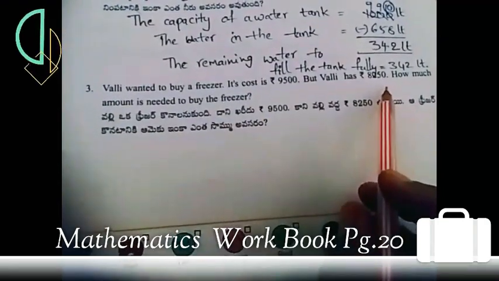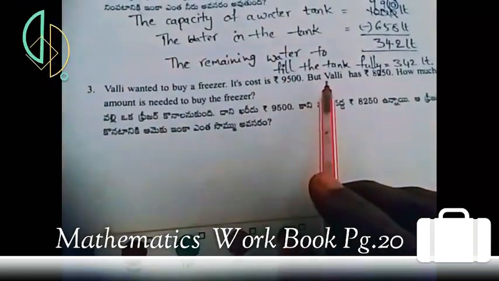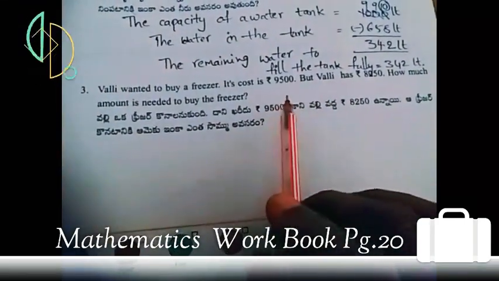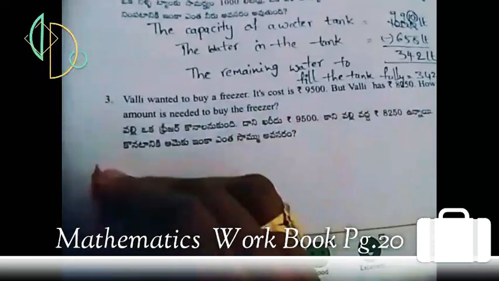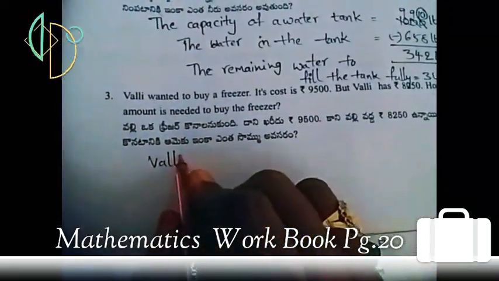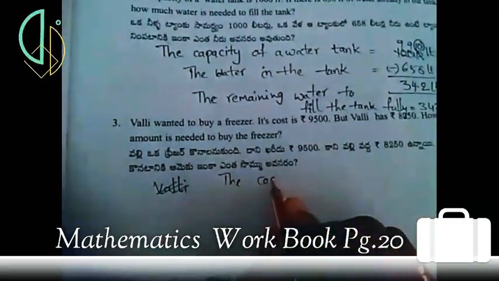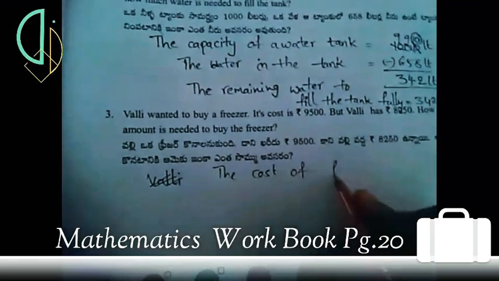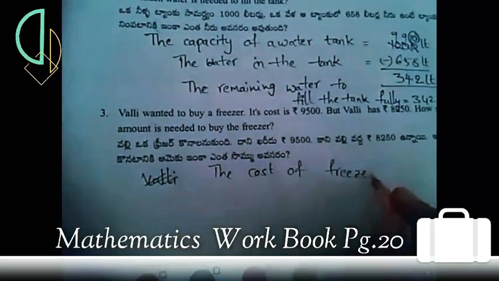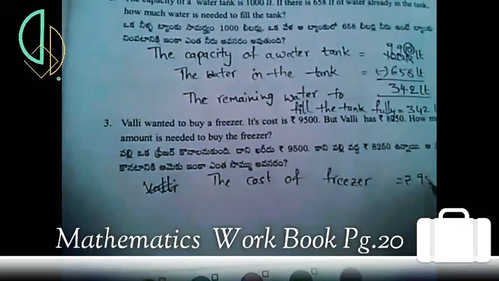So some more money is needed to buy the freezer. How much money she needs to buy the freezer is what we have to find out. So the cost of the freezer we have to write first is equal to 9,500 rupees.